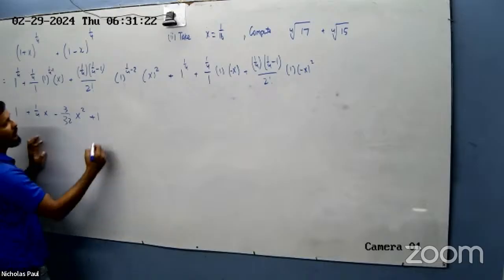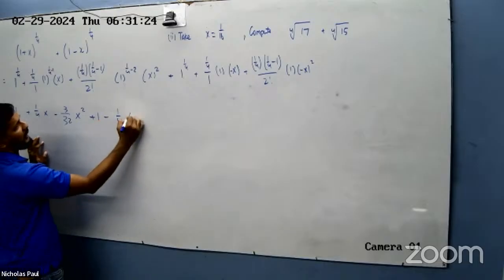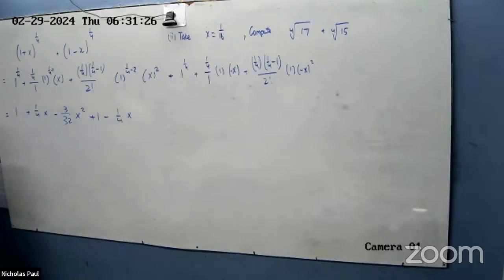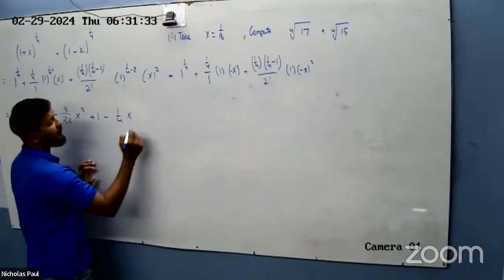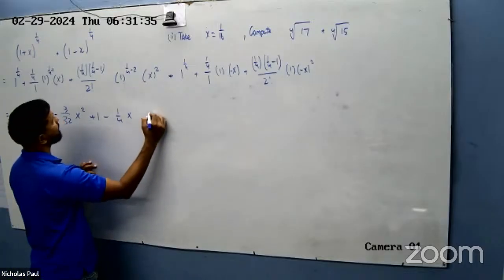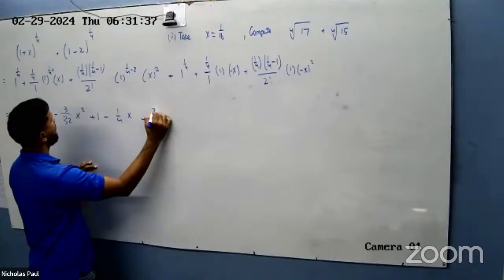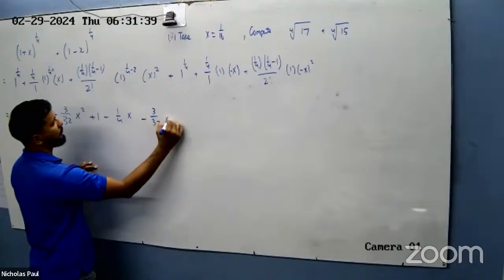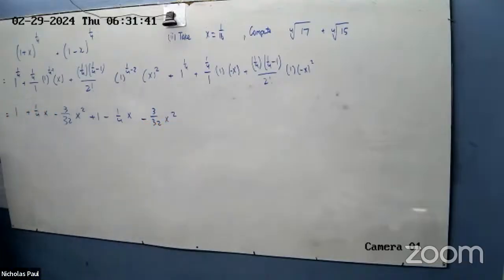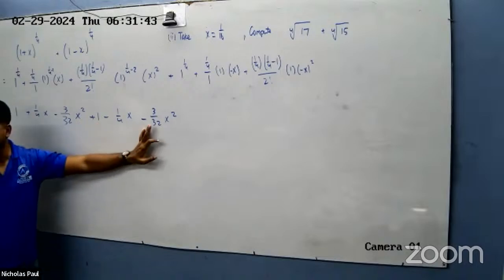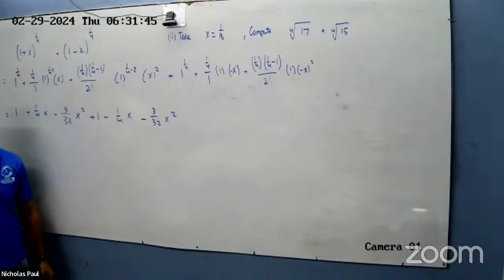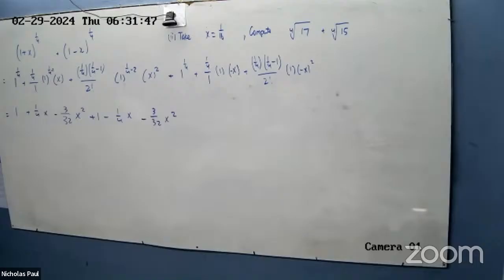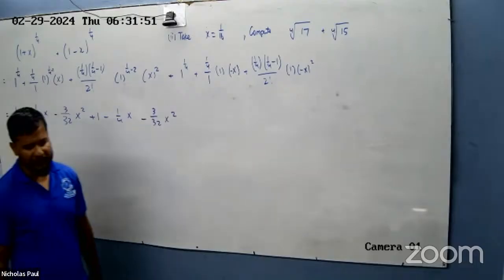So that will be 1 minus a quarter x, and we get minus again. Correct? Well, I get two minus signs here. Okay, finish it up. Let's see what you get.